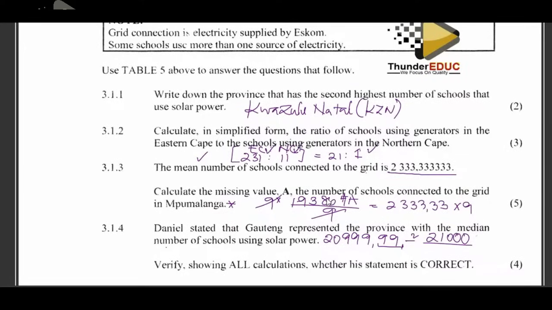So what does it simply mean? It will become 19,386 plus A equals to 21,000. Because we're looking for A, this has to jump over there. We shall minus.